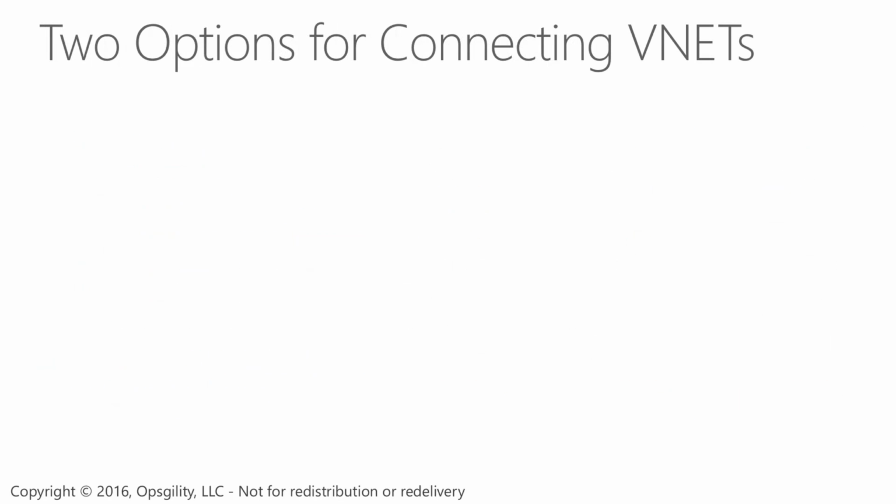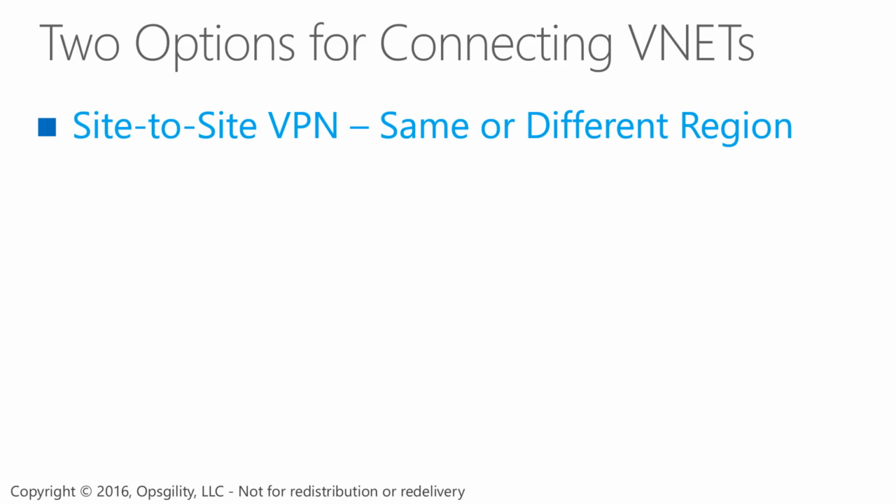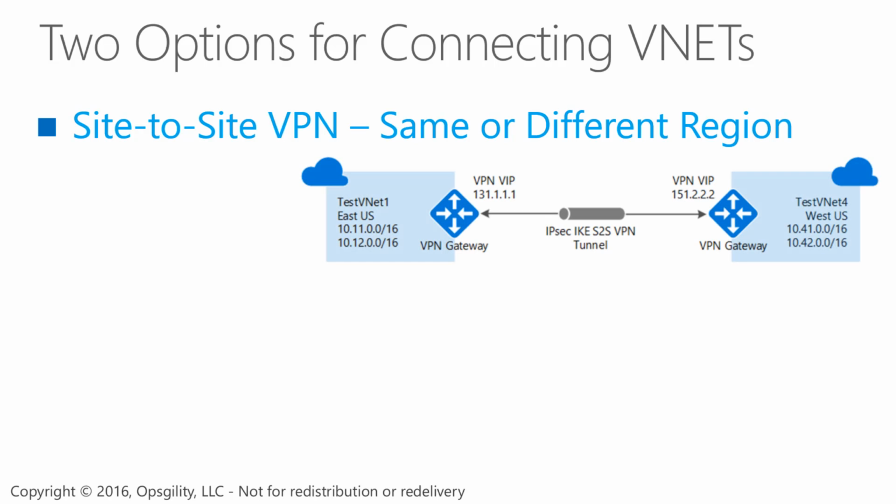We have two options today for connecting virtual networks in Azure. The first is to establish a site-to-site VPN connection between the VNets. This option works whether the VNets are in the same or different Azure regions. The two things to keep in mind concerning this method, though, are cost and performance. To establish a site-to-site VPN between your VNets, you must provision VPN gateways within both virtual networks.